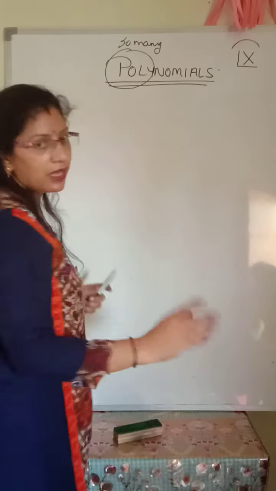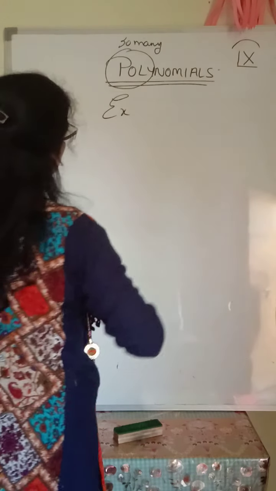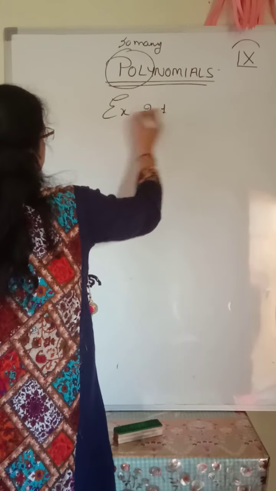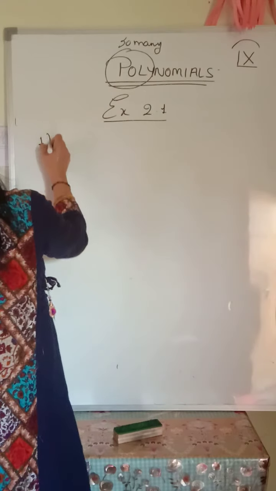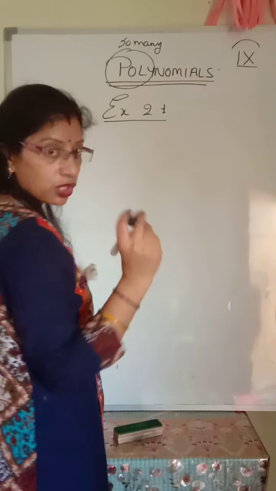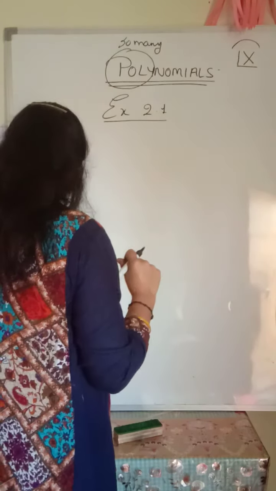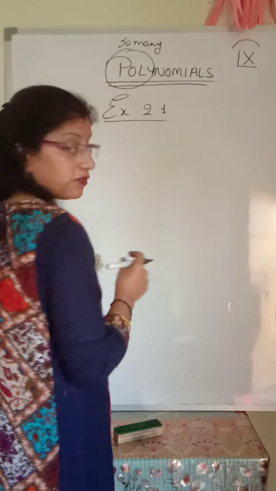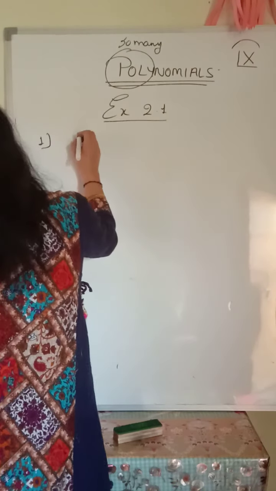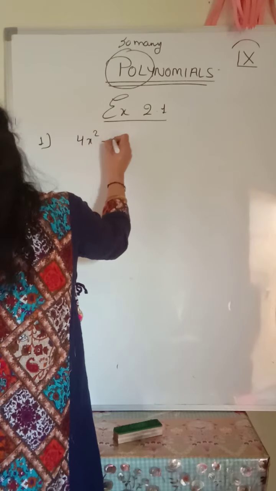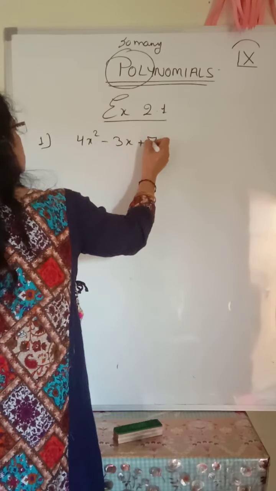So let us come to exercise 2.1. And our first question of exercise 2.1 is, which of the following expressions are polynomials in one variable and which are not? Give reasons for your answer. So first is 4x square minus 3x plus 7.